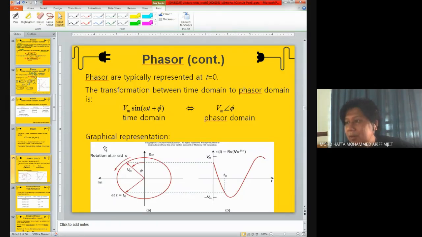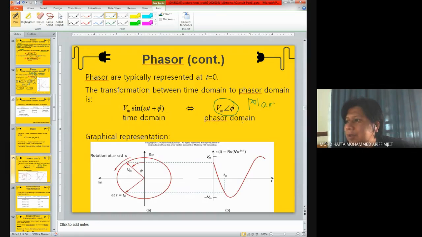So this is a continuation of what we have seen earlier based on Euler representation. However, what is significant here is that this is a time domain representation of our voltage, and this is a phasor domain representation. In this phasor domain, our complex number is represented in polar form.